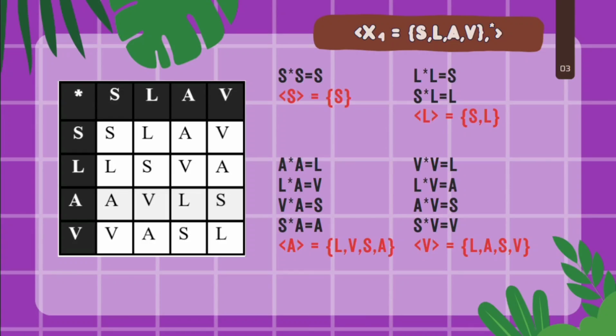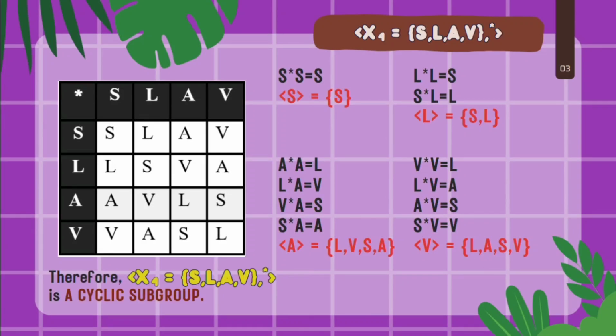And now, let's have the element V. V star V is equal to L, L star V is equal to A, A star V is equal to S, and S star V is equal to V. Again, the element V generates all the elements under X sub 4. Therefore, X sub 4 is a cyclic subgroup.